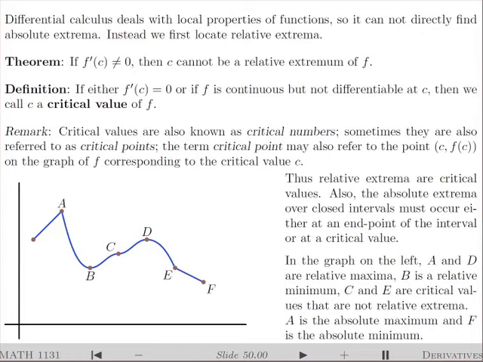If f prime of c is negative, this is switched, which means that at a relative extremum, be it a relative maximum or a relative minimum, either f prime of c should be 0 or f must not be differentiable. Either one of these can happen. A number c such that f is continuous but not differentiable, or f has a 0 derivative at c, is called a critical value.